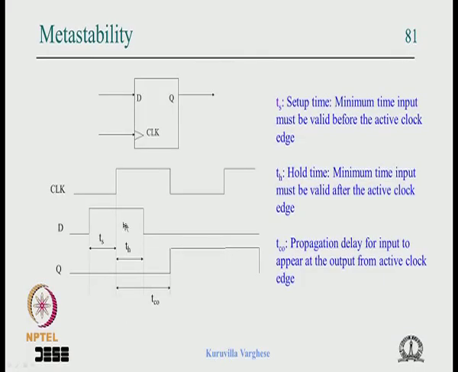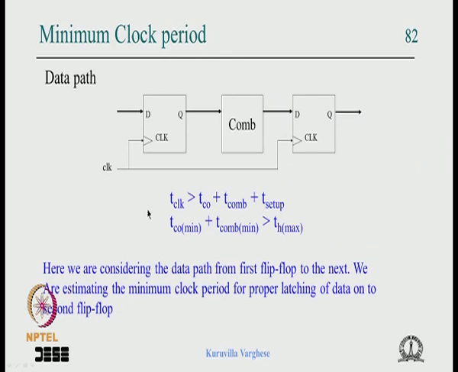In the last lecture we looked at basically the issue of metastability. For a flip flop not to get into metastability, the input has to meet the setup and hold time, and for a data path or a register to register path, from that requirement we develop the inequality for the minimum clock period, and we develop the condition for non-violation of the hold time.